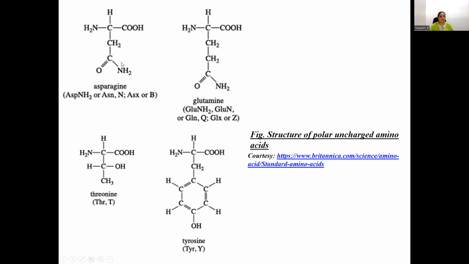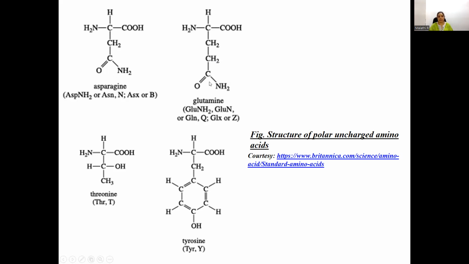Asparagine, if you see, has CH2, C double bond O NH2. This is the R group for asparagine. Whereas in glutamine, it is CH2, CH2, C double bond O NH2.